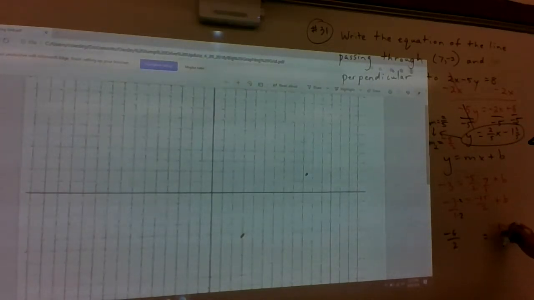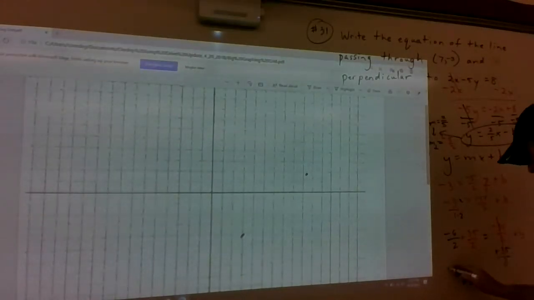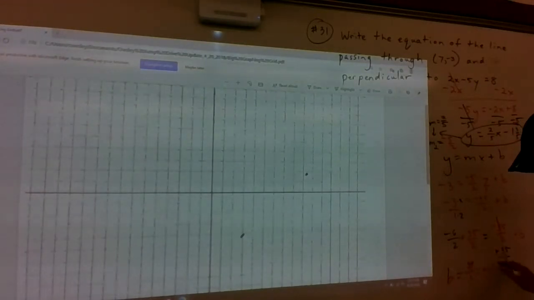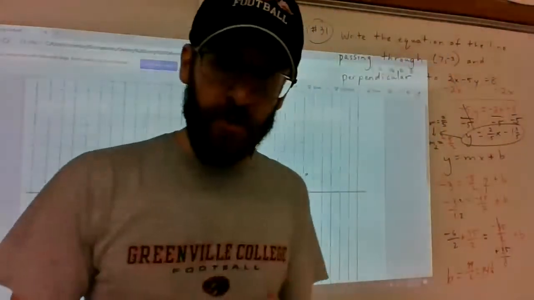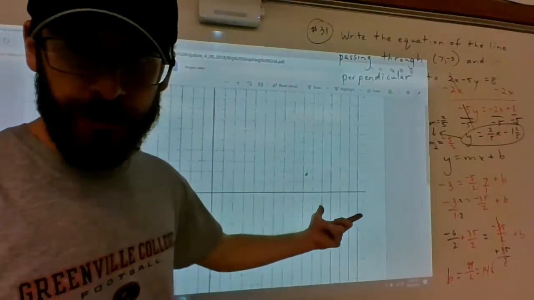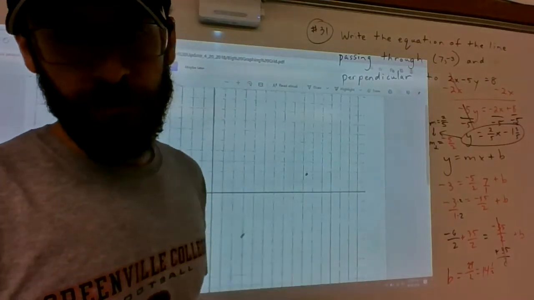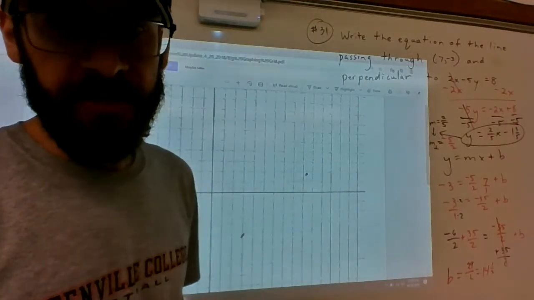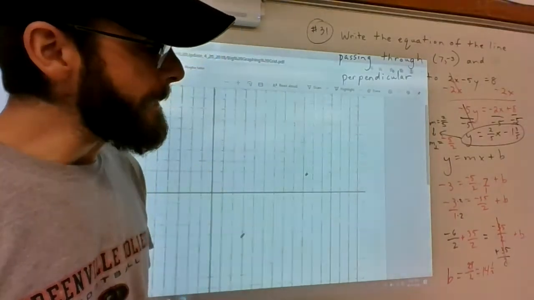On the right-hand side, we're going to add 35/2 to both sides, and I'll add it over here too. That gives me b equals 29/2, which is 14.5. But again, if you're putting it in the general form, you want to keep it as 29/2 so that when we get it in that general form, it's not going to be a mixed number that we have to deal with.